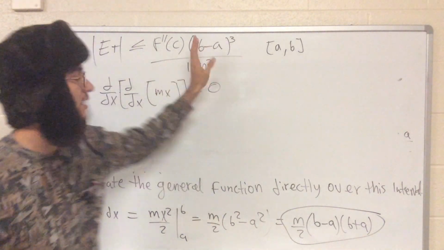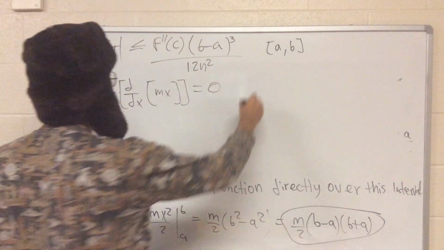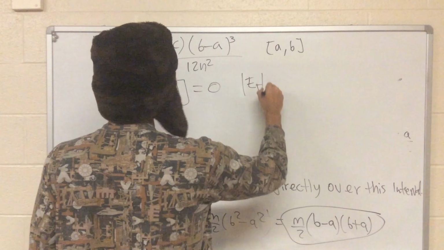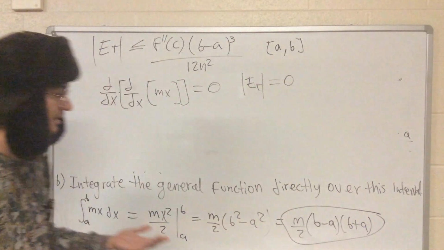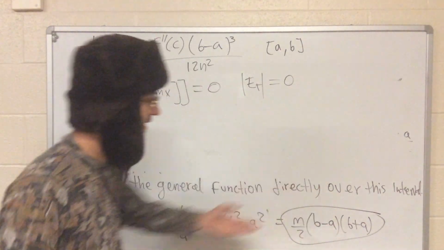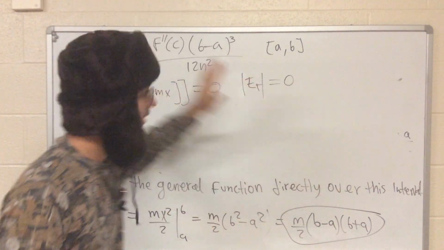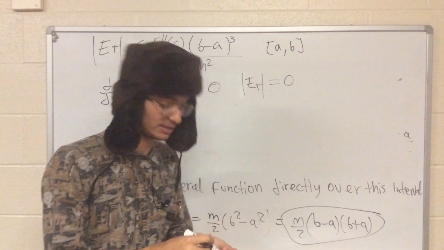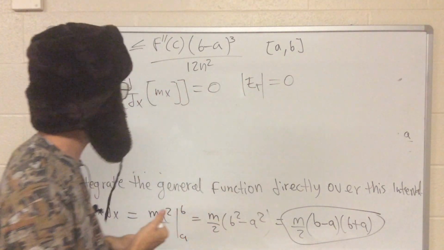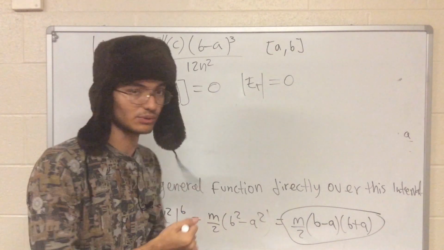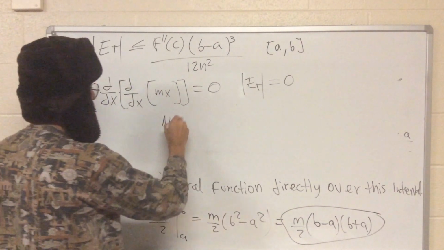So that means that this whole expression will be equal to 0. The error for the trapezoidal rule will just be equal to 0, which means that the answers will be the same. The actual integral is equal to the approximation, which is a pretty good approximation, 0% error. So that is why there's no difference.